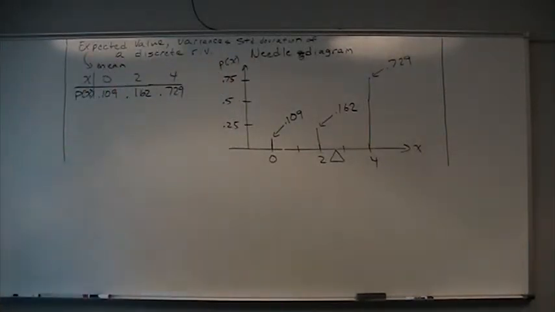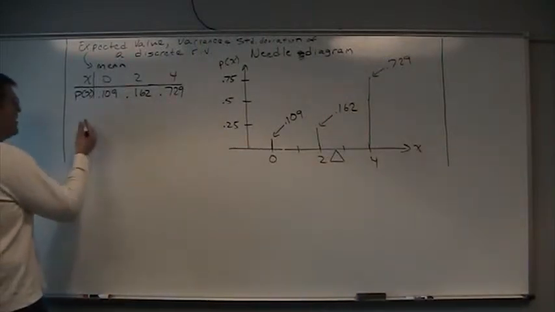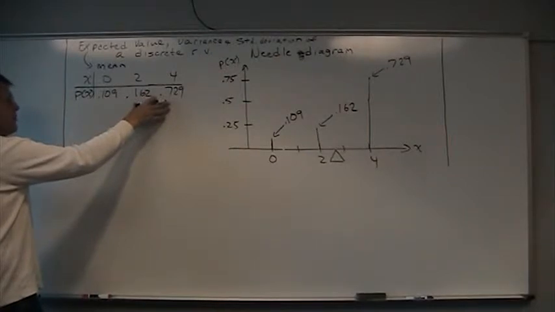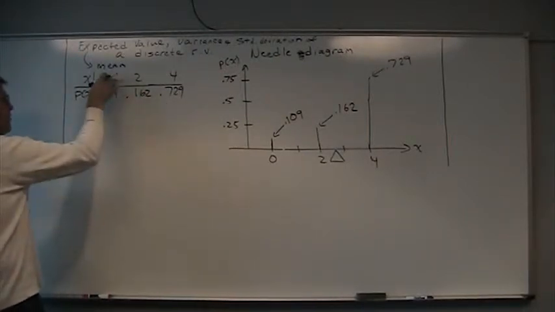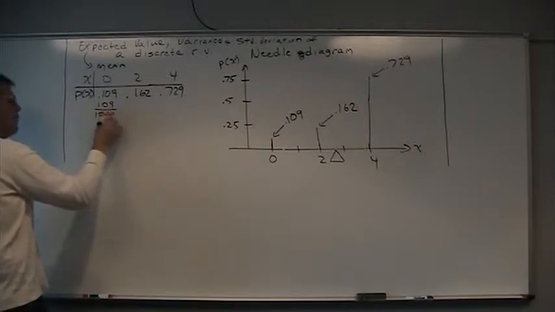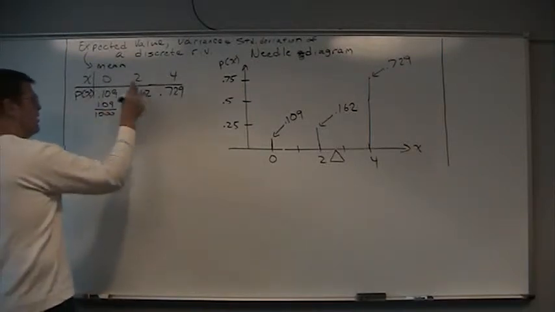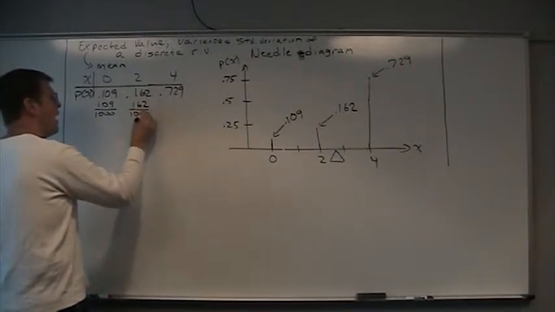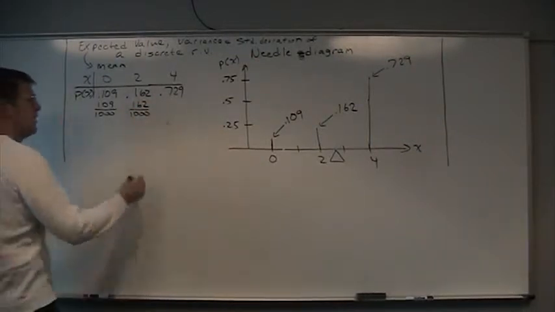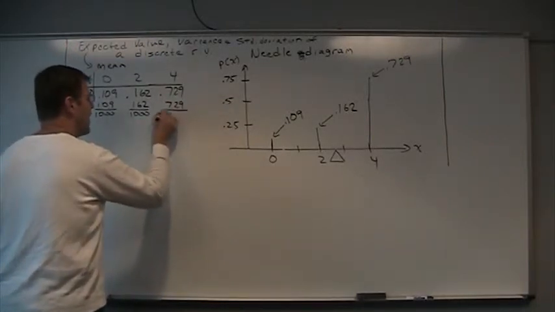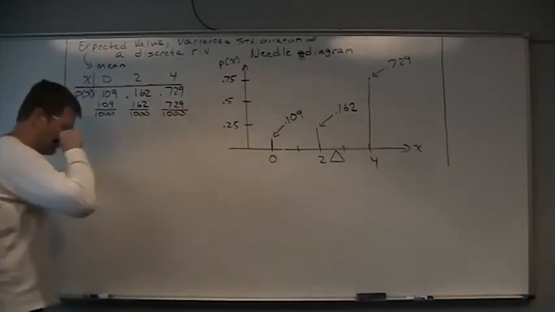Another way of thinking about it, when we look at this, is that if we were to turn these into fractions, 0 is going to happen 109 out of every 1,000 times. 2 is going to happen 162 out of every 1,000 times. And 4 is going to happen 729 out of every 1,000 times.